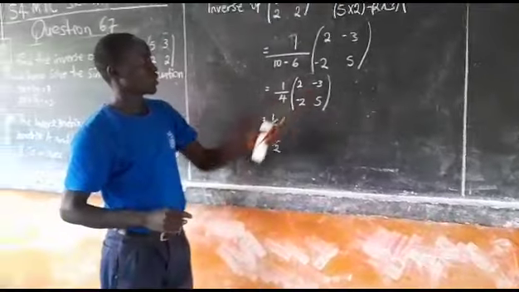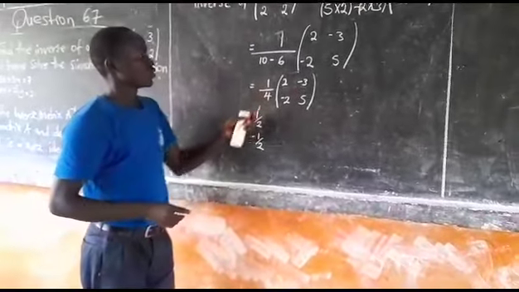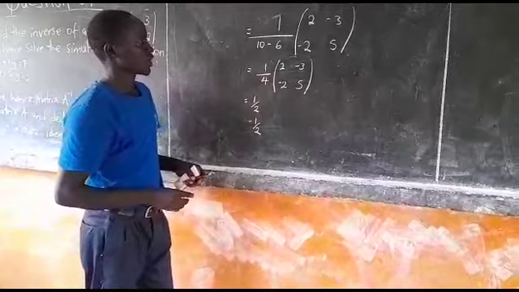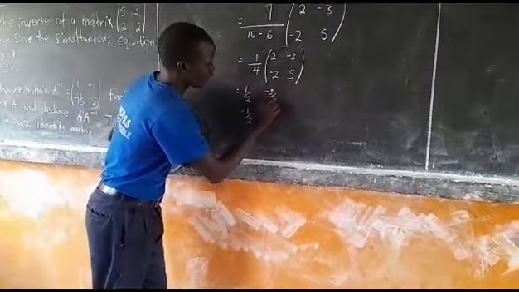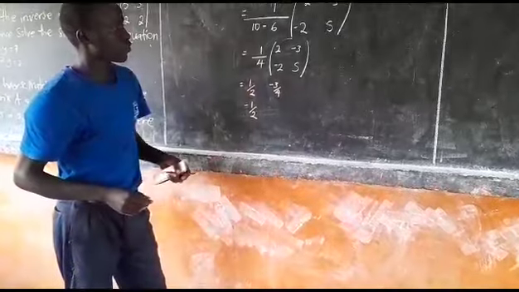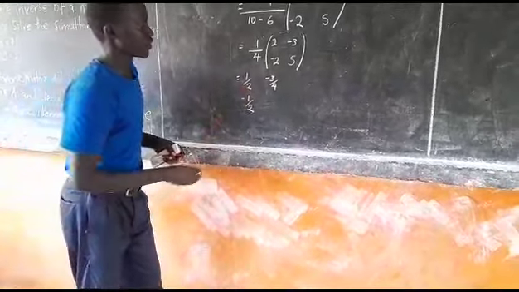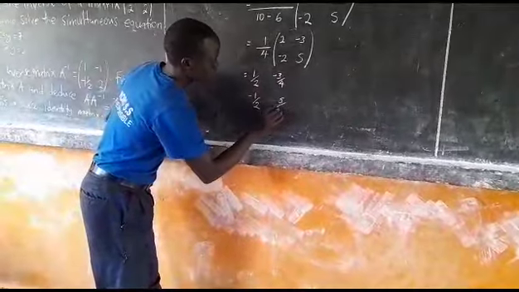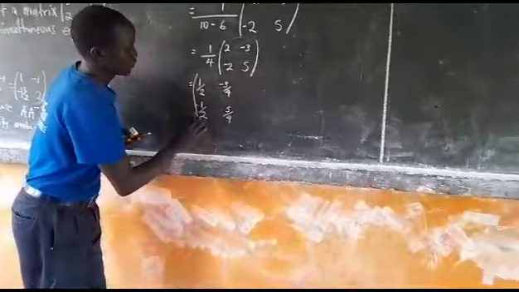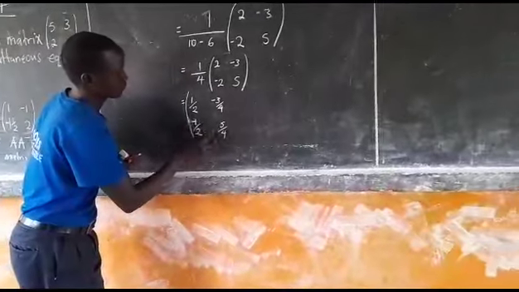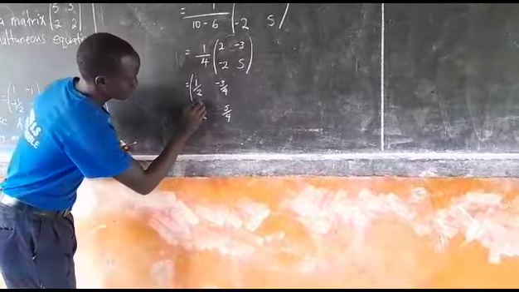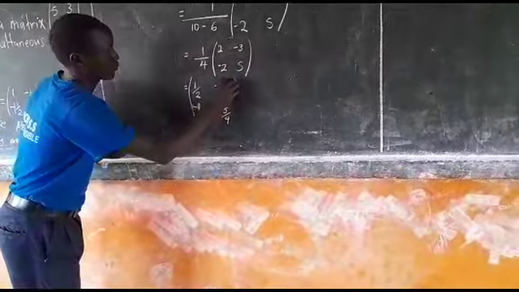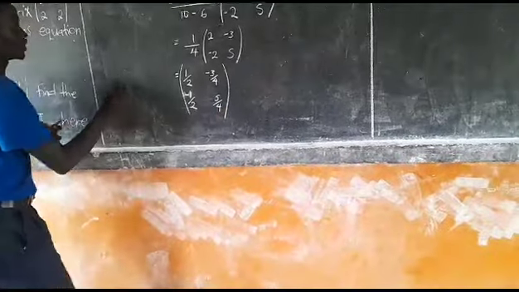And now here, you go ahead and say 1 over 4, when you multiply it by negative 0, it's going to be negative 0 over 4. And this one, 1 over 4, again you multiply by 5, it's going to be 5 over 4. This is negative 1. So this one is our inverse.